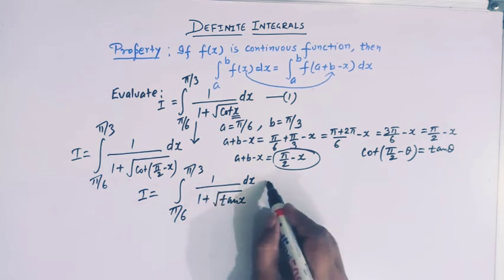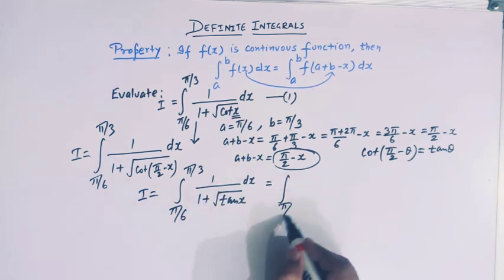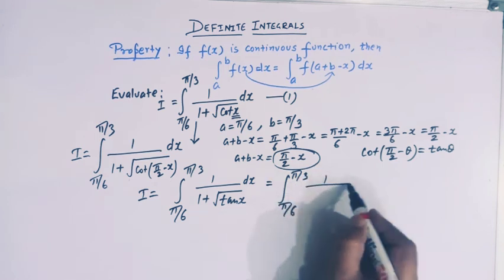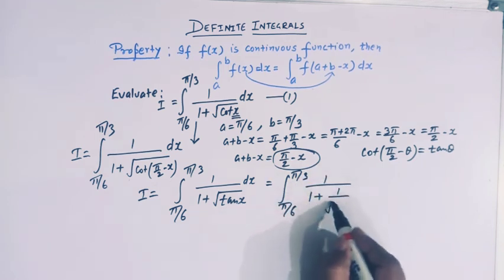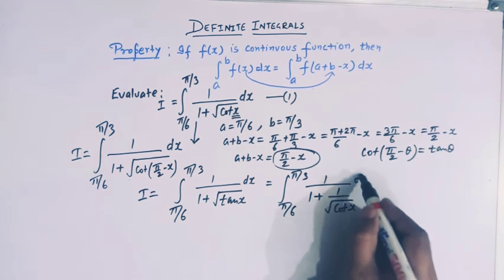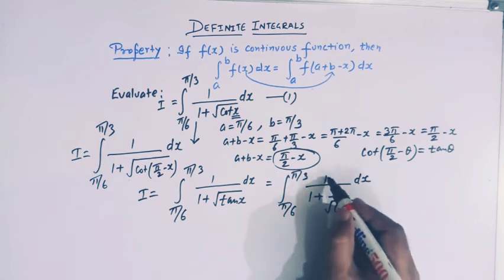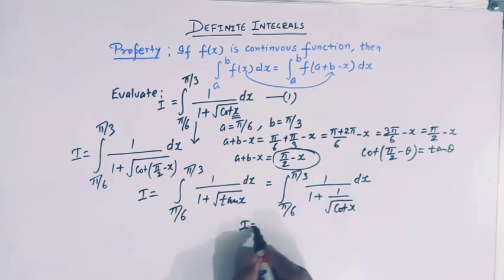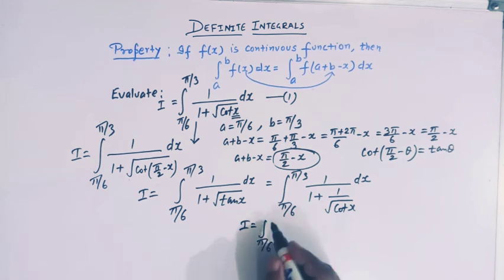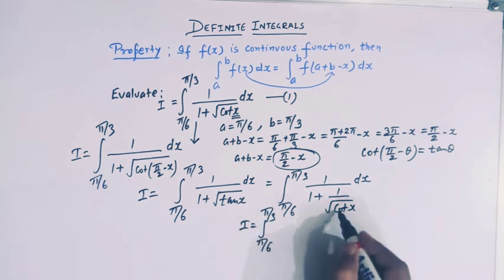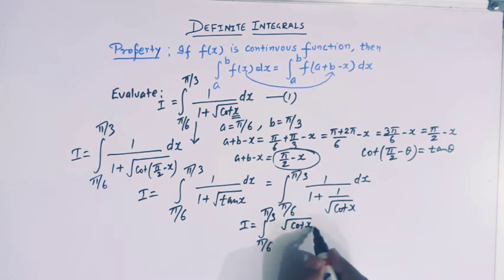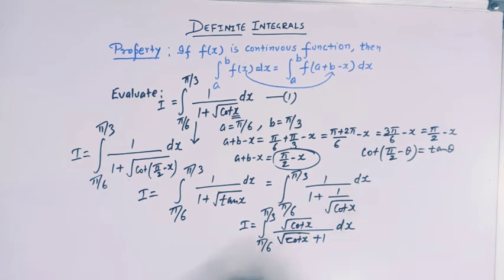So now this integral can further be expressed as 1 over 1 plus 1 over square root of cot x dx, and taking the LCM and taking this square root of cot x to the numerator, we can write I is equal to the integral from pi by 6 to pi by 3 of square root of cot x divided by square root of cot x plus 1 dx, and let us call it equation number 2.